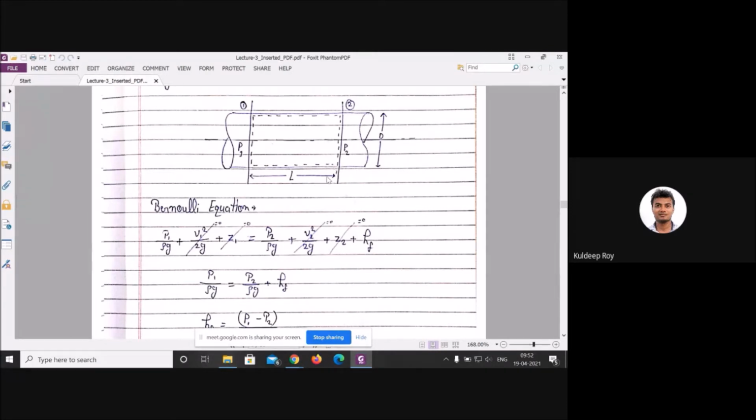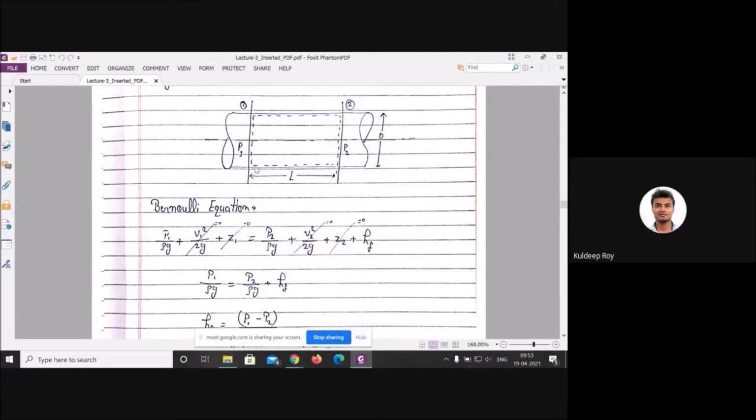Then how will you define it in terms of your losses? Now it is placed in a horizontal position, then z1 and z2 will be 0, correct? The velocity here will be the same, because you are assuming that the velocity at this point and this point is the same. And here you cannot find any kind of bend.